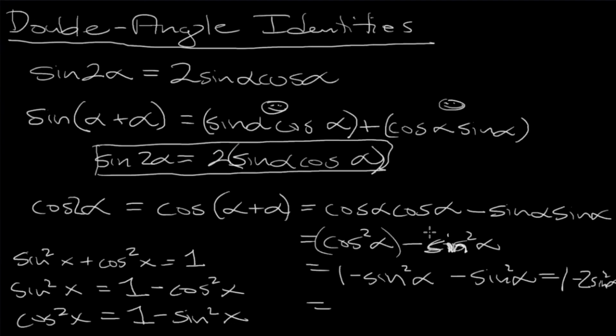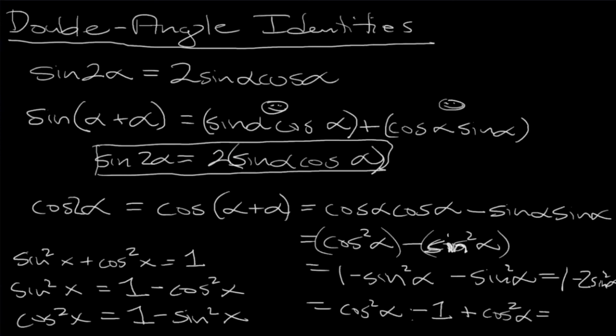Or I could replace this piece with 1 minus cosine squared. So I'd still have the cosine squared then. I'd subtract, and I have to distribute the negative into this because all of this is subtracted. So I'd subtract the 1, and subtracting a negative cosine squared would be a plus cosine squared.